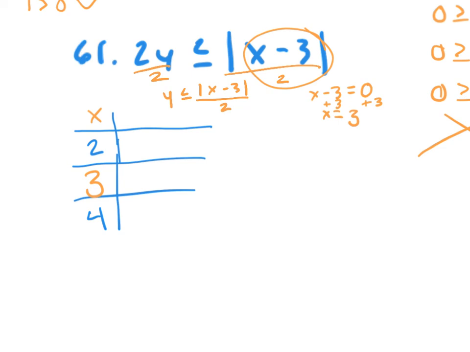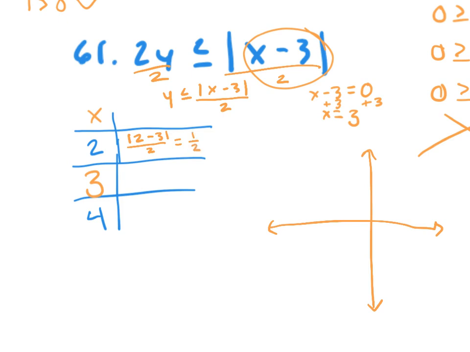So now when we plug in 2, we have the absolute value of 2 minus 3 over 2. What's 2 minus 3? Negative 1. And what is the absolute value of negative 1? 1.